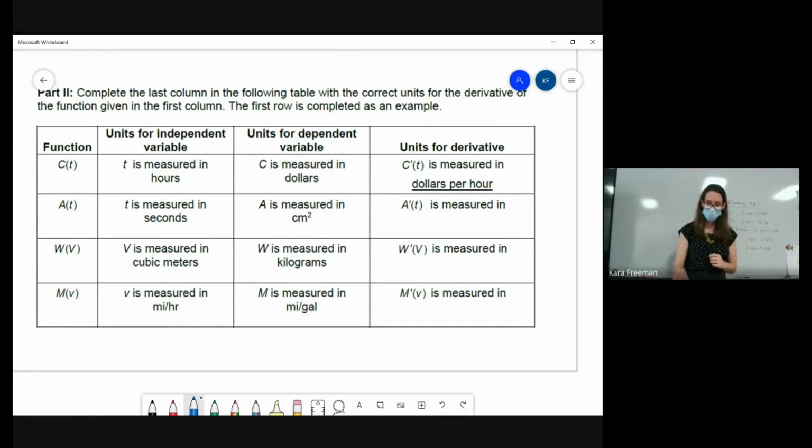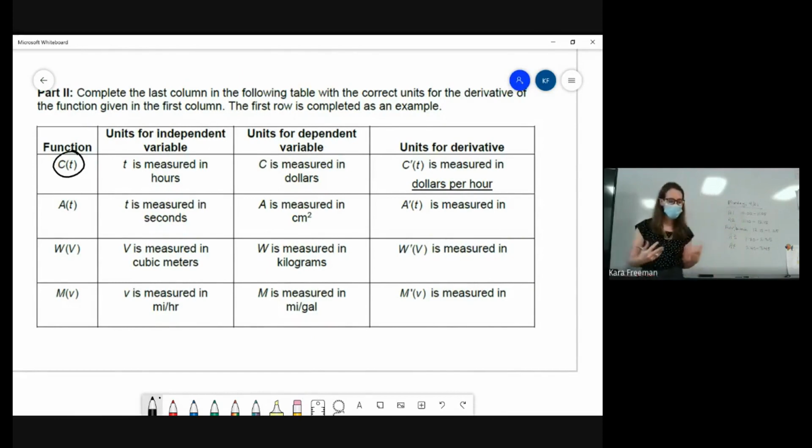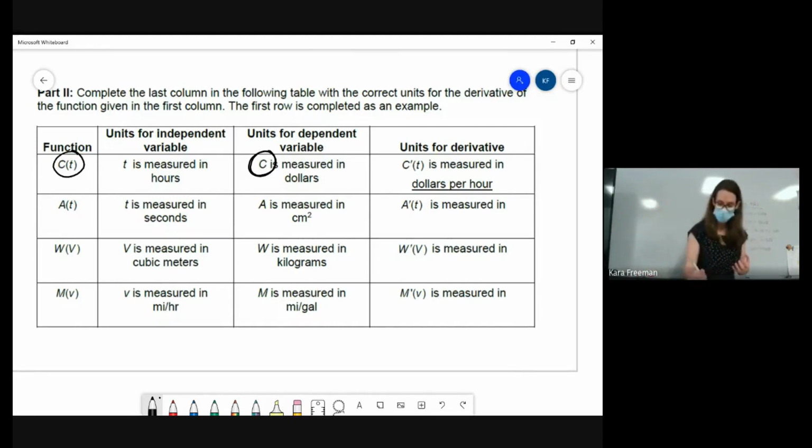So notice I've given you the function. I'll work through the first one. This is an example, C of t. You've got to know math notation. The capital C is the dependent variable. Here C is measured in dollars, like cost. And t is the independent variable, measured in hours.